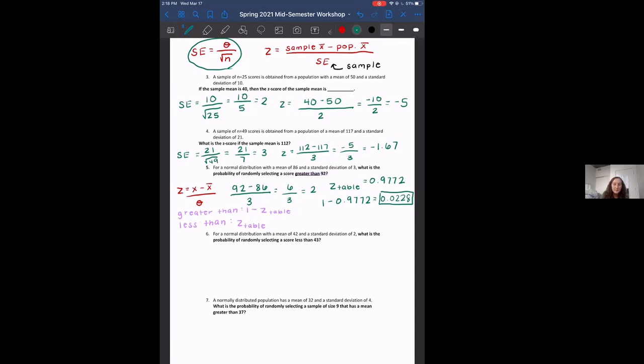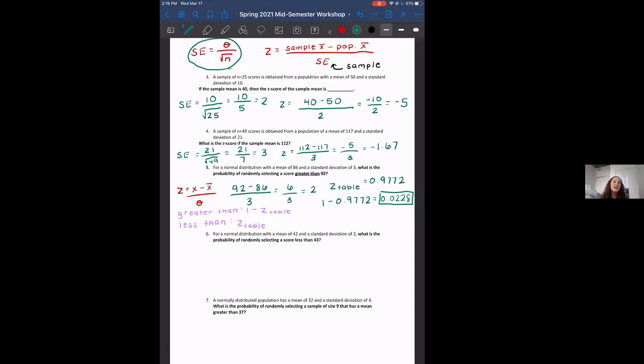This one is going to be a poll question, so let me pull up the poll. Would we have to convert it to percentage? No. That would be your answer, just the 0.0228, unless the question specifically asks for the percentage, like, what is the percentage probability of randomly selecting.